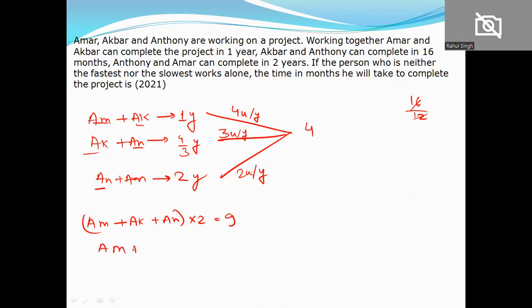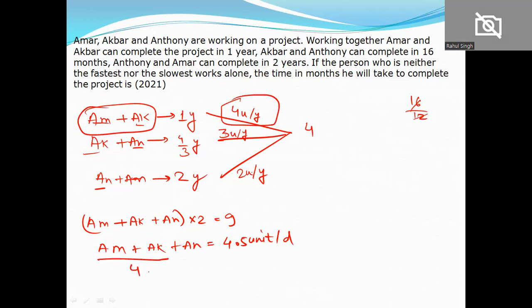Amar plus Akbar plus Anthony's combined efficiency will be 4.5 units a day. Now we need to figure out each person's efficiency. We know Amar and Akbar's efficiency is 4 units a day. If I substitute Amar and Akbar as 4 units, we will get Anthony's efficiency as 0.5. So Anthony has 0.5 efficiency. Let me write it here: Anthony's efficiency will be 0.5 units in a day.